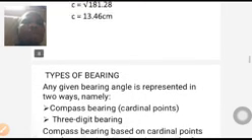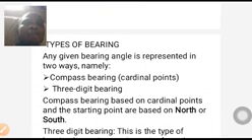Now we are moving to the types of bearing. So anytime you are given a bearing, bearing can be represented in two ways. Number one, compass bearing, which is also known as cardinal point. Number two, 3-digit bearing.